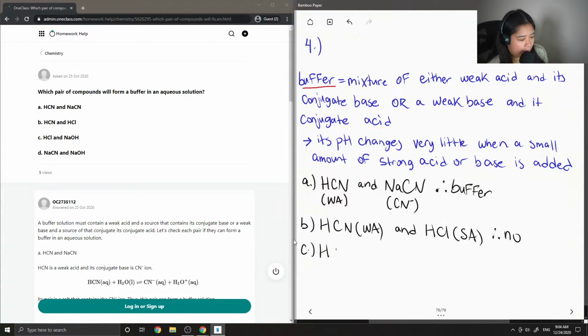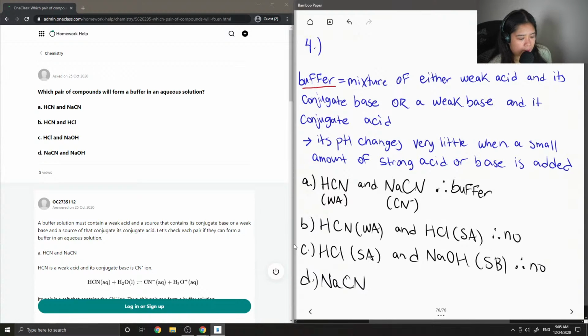For C, we have a strong acid, which is HCl, and we also have a strong base, NaOH. Since they are both strong, they'll just neutralize each other and won't form a buffer, so therefore no. And then lastly, we have the sodium cyanide ion again, reacting with a strong base.